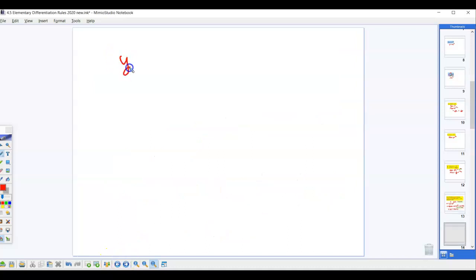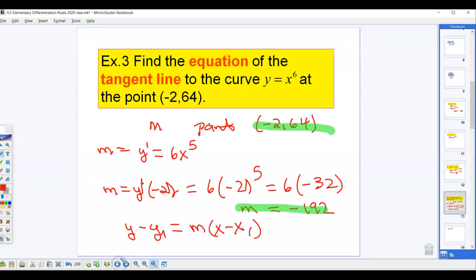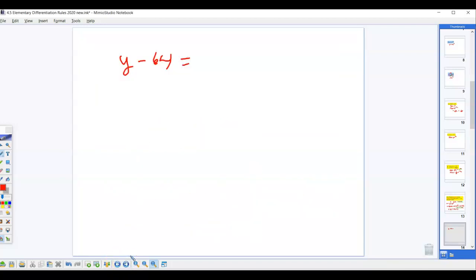So it's going to be y minus 64 is equal to, my slope was negative 192, so negative 192 times x minus my x coordinate, which was negative 2, which will make that plus 2.